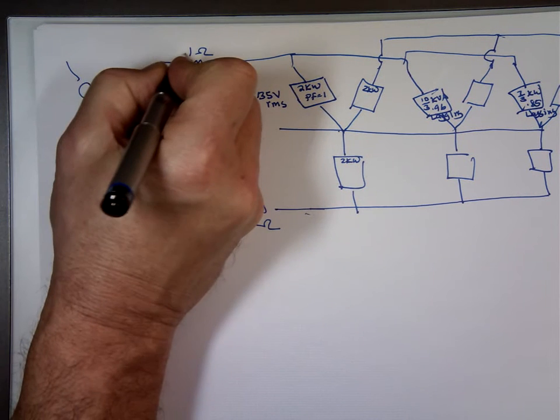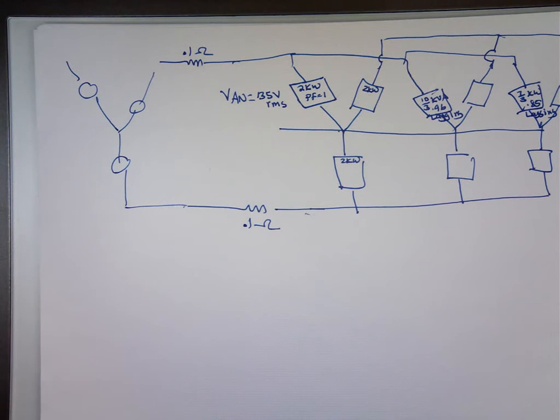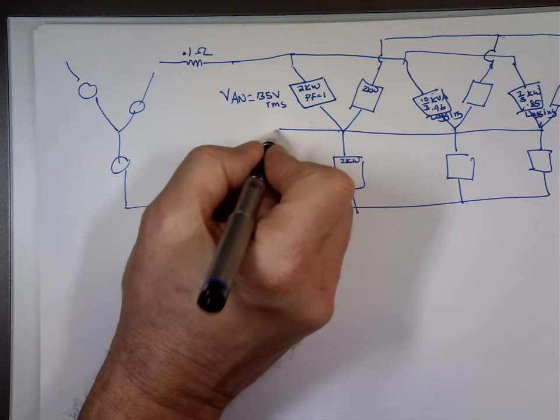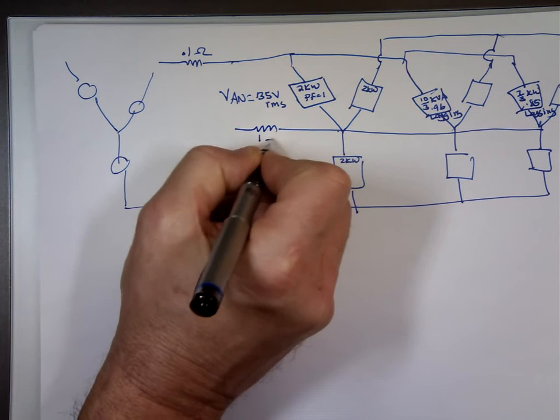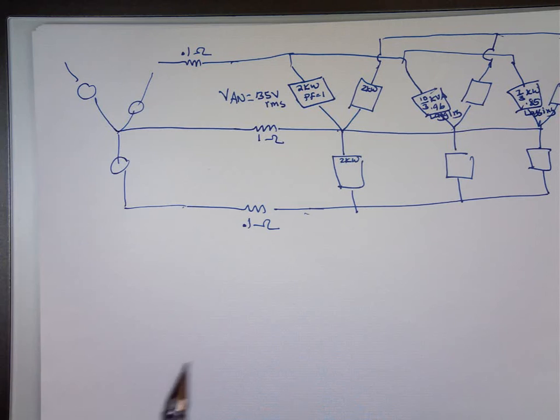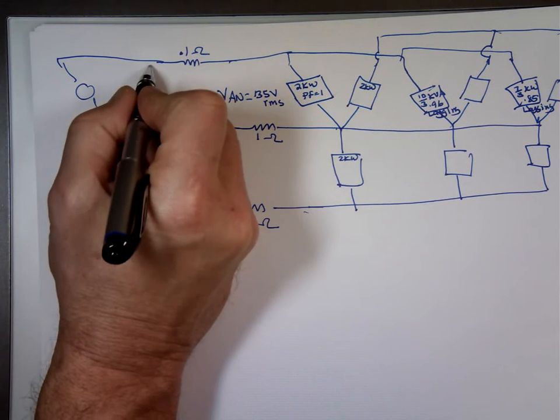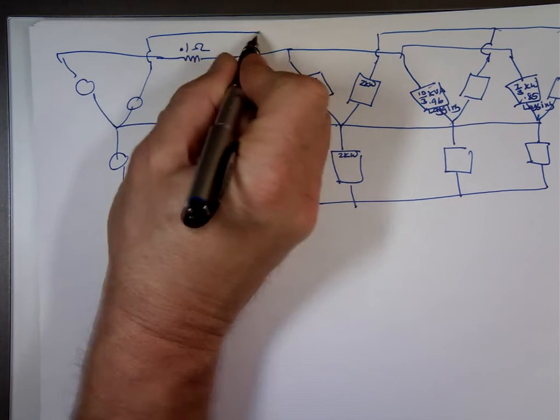My mistake. Yep, my eye went down one line. And neutral has a 1 ohm resistance. So it's going to actually be 0.1 here, not 1.